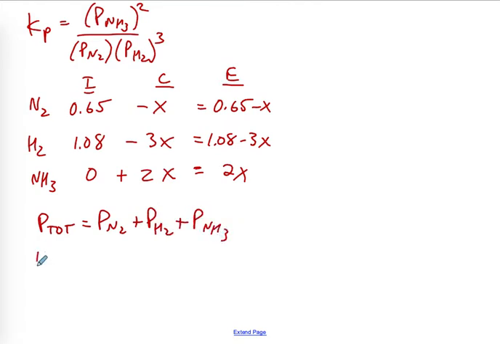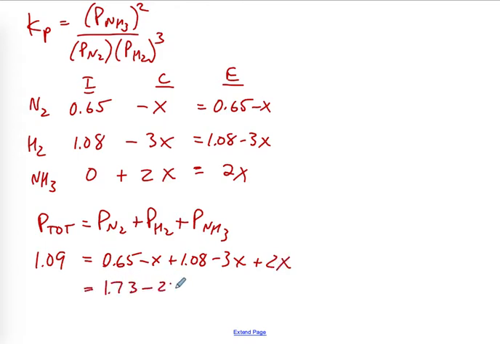Okay, so 1.09, I'm going to leave out units momentarily, but I'll put them on at the end, is equal to, and now for each of these partial pressures, I'm simply going to take the expression in the E column. 0.65 minus x plus 1.08 minus 3x plus 2x. This is equal to 1.73 minus 2x, or x equals 1.73 minus 1.09 divided by 2, or 0.32 atmospheres.